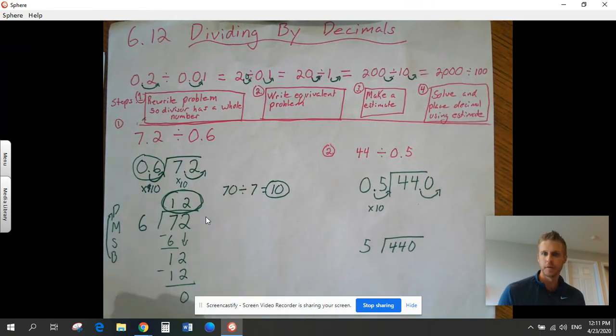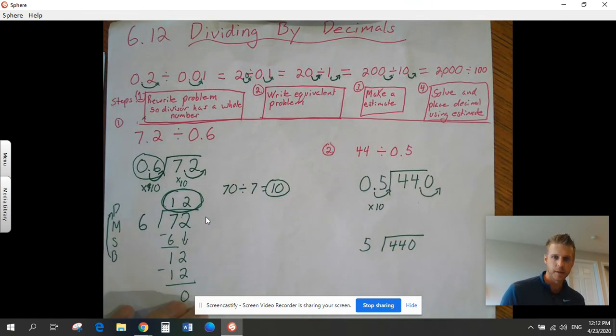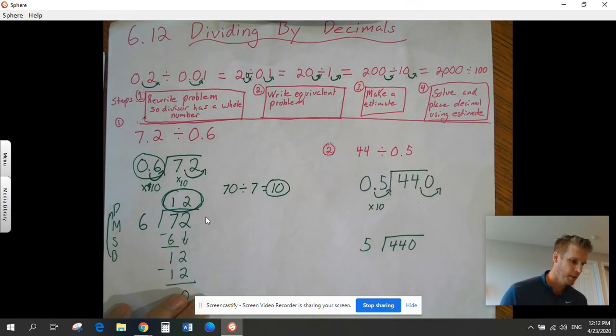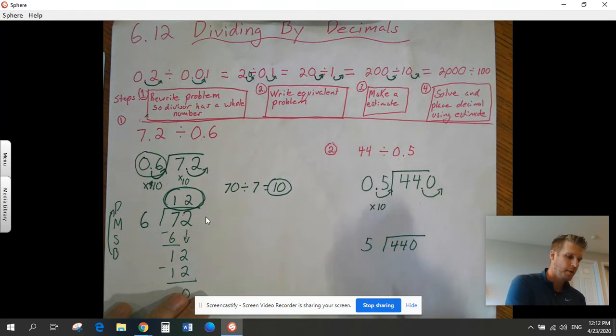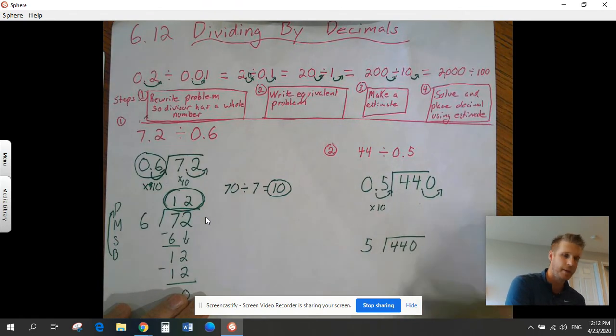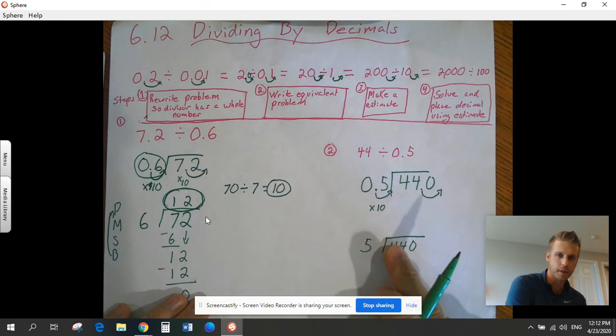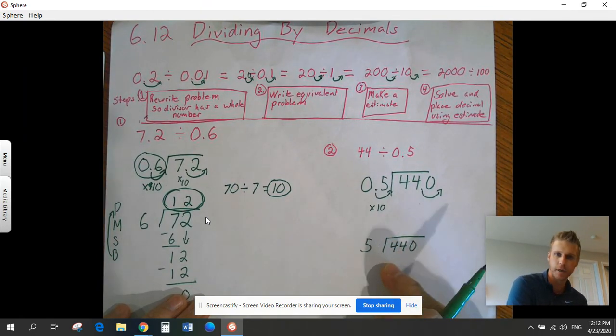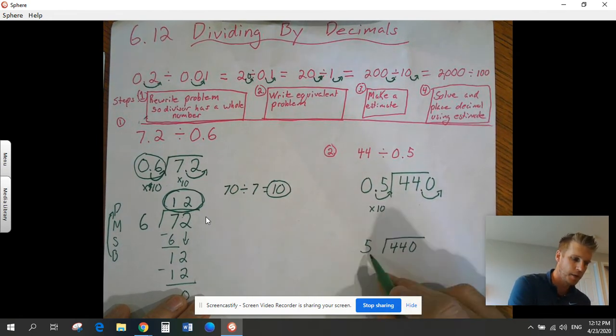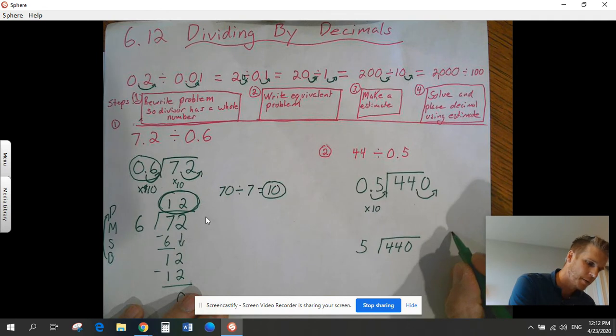Before we do that, though, it's a good idea to make an estimate. That's really nice and easy. I like to make it super simple, so let's make 440 either 400 or 500. I'm just going to round down and say 400.